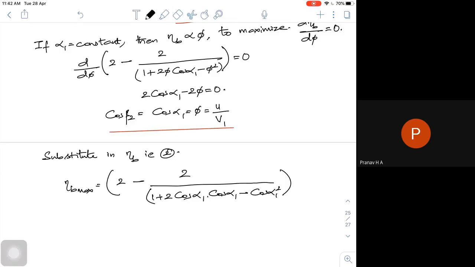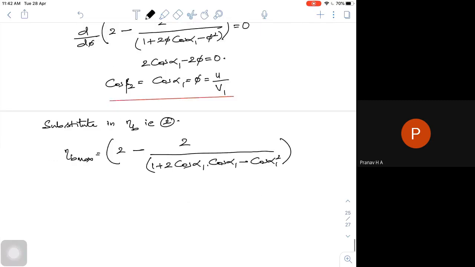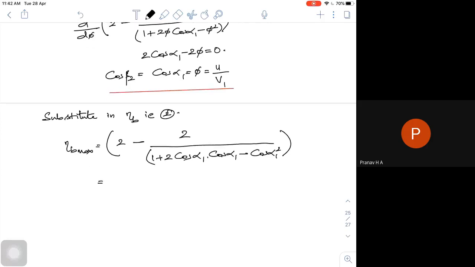If I simplify, this will be 2 minus 2 divided by 1 plus 2 cos square alpha 1 minus cos square alpha 1.